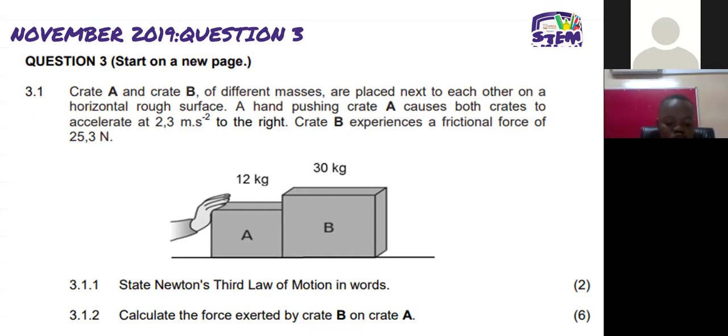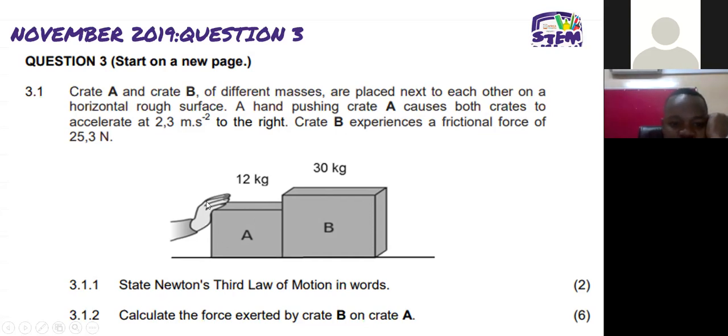Now, if it has to do with Newton's third law of motion, it means we must think about the properties of these forces that A and B exert on each other according to Newton's third law of motion. Right. Now, if A exerts a force on B, B simultaneously exerts an oppositely directed force on A, and the forces are equal in magnitude.